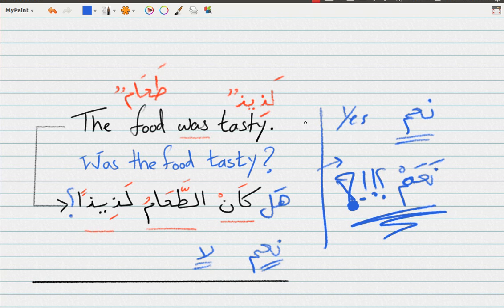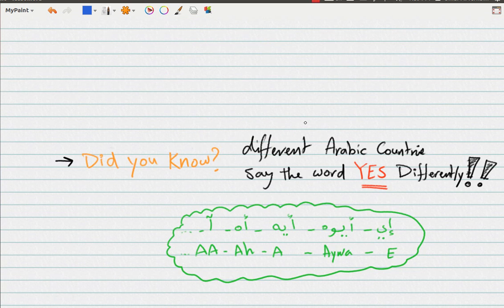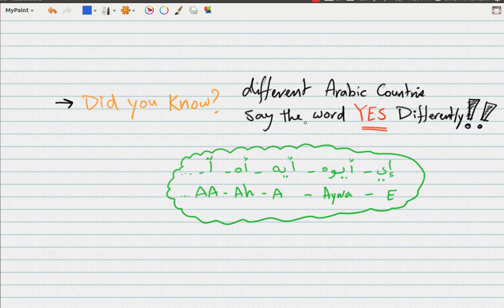Another interesting fact about nam is that in the Arabic dialects, not in standard Arabic, most people never use nam in the sense of yes, and they would use it more in the sense of a question.